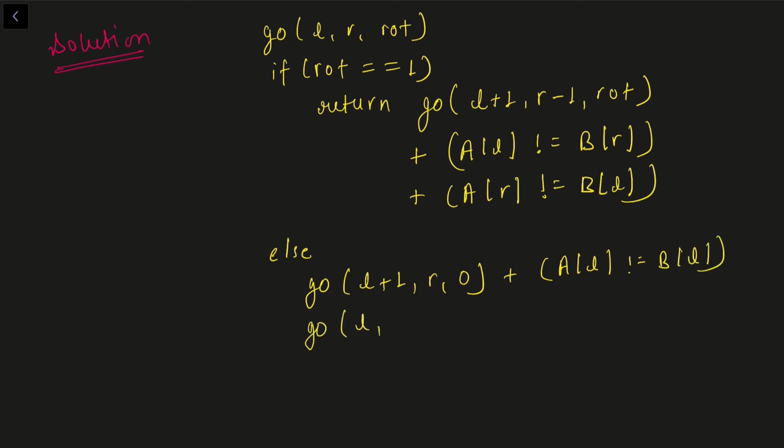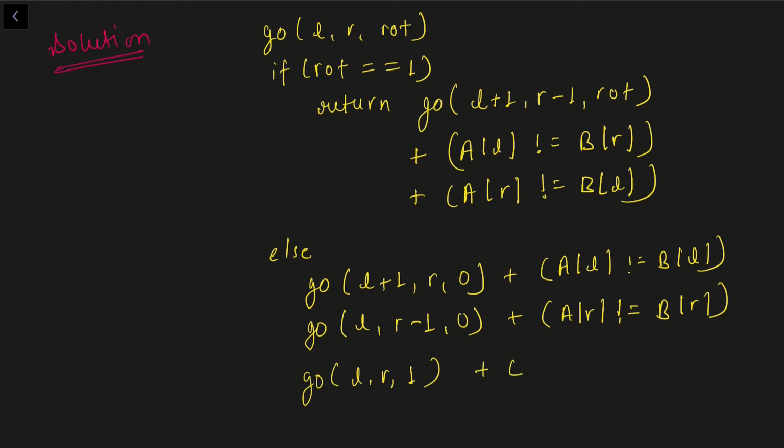So what I'll do there is R minus 1 comma 0, plus I'll compare the last character of our string A with the last character of our string B. And apart from these two, I can always reverse my string. So in that case, I'll just do go L to R, but this time I'll pass 1 here because I have already reversed my string. Okay, in this case I need to add C. So I can return the minimum of these three.